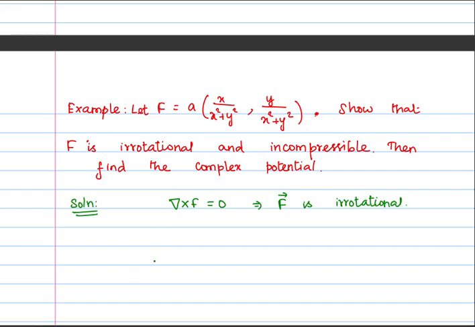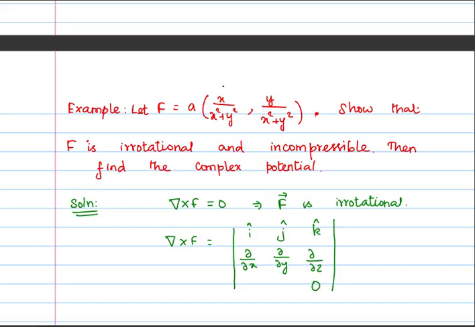So now I want to find the curl of F vector. F has the i component, j and k component, then the operator del by del x, del by del y, del by del z.